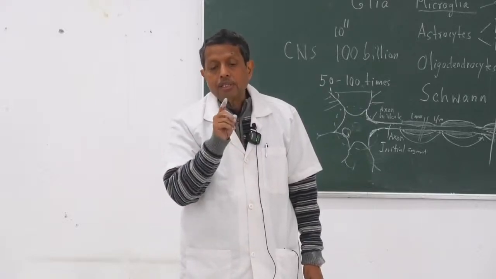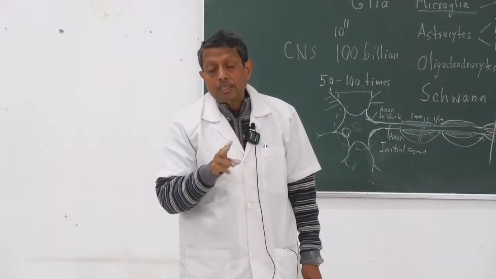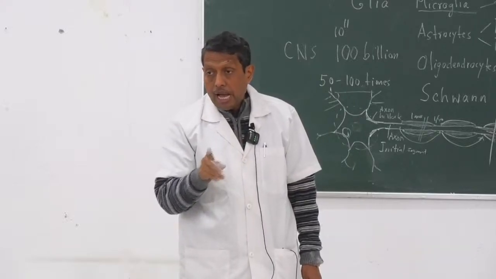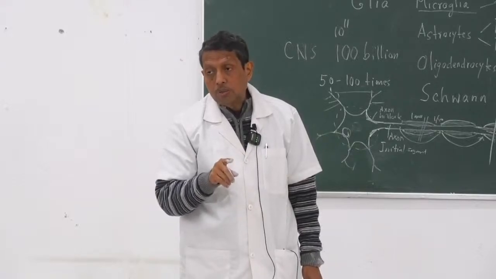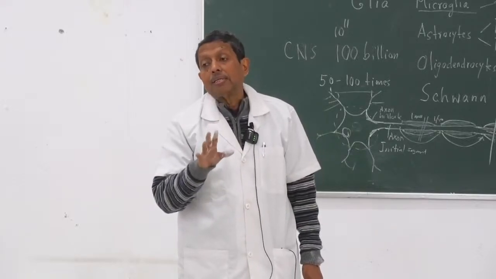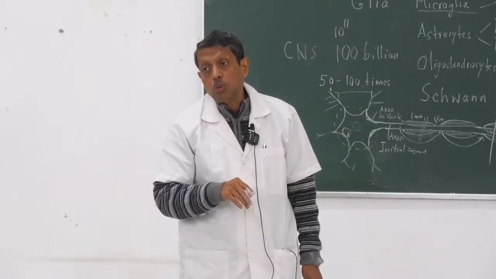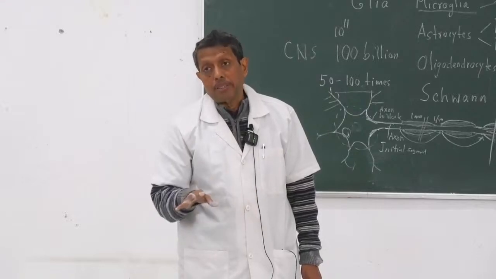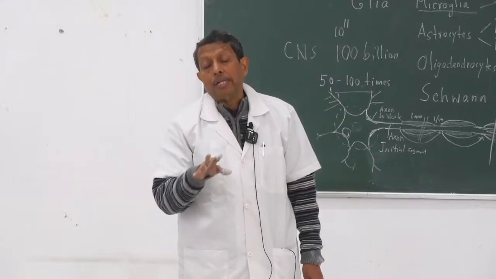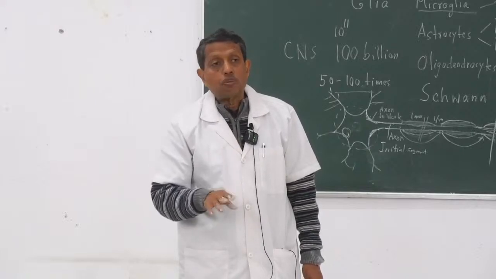An average neuron gives rise to 2000 subdivisions, and 10 to the power 11 is the number of neurons. So you can imagine the complexity and the number of synapses: 2 into 10 to the power 14. In that case, nature does not want to disturb this network that is formed.